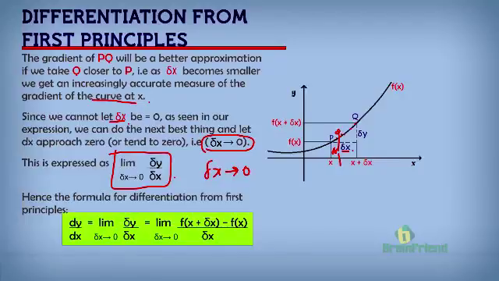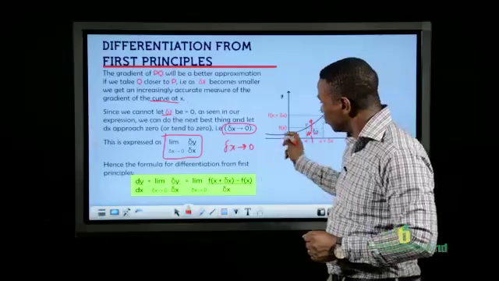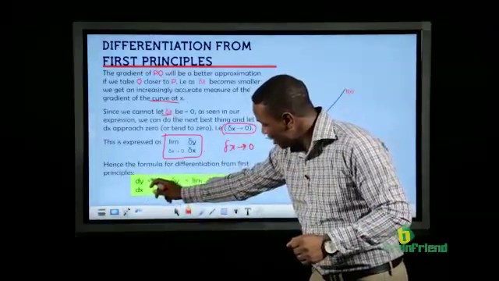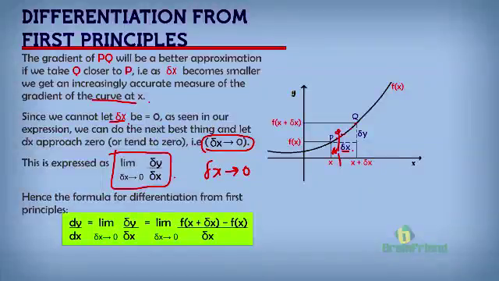Remember we said we're looking for our point P here. The rate of change that is present at the point P, the rate of change of y with respect to x at this point P, which is dy dx, is what? Delta y all over delta x with delta x tending to 0.